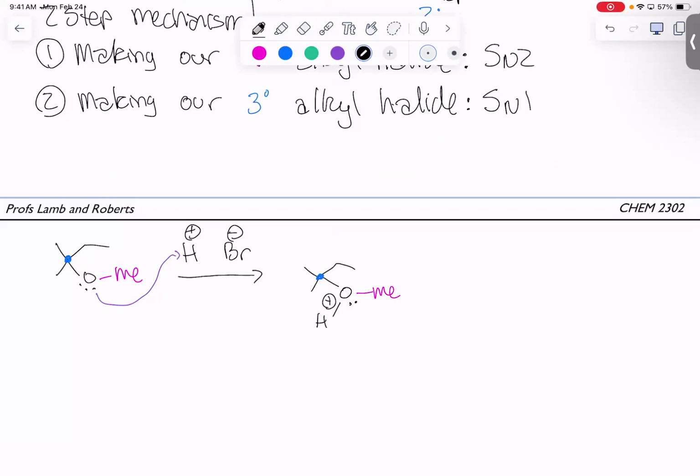So what we have here is the opportunity to have a very good leaving group. What is our very good leaving group? Our very good leaving group is a tertiary alcohol.